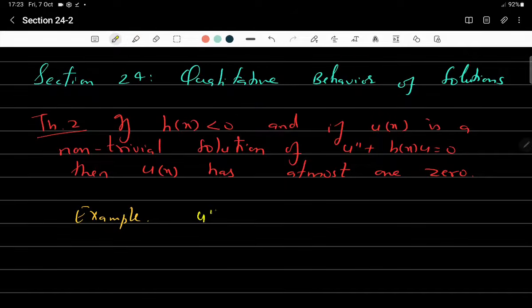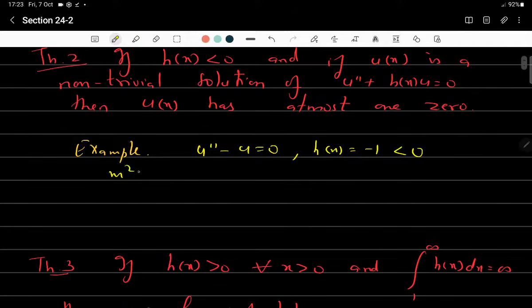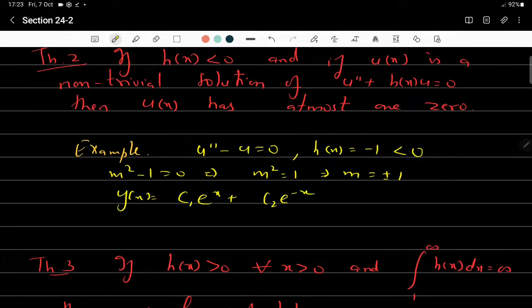So if I consider u double dash minus u is equal to 0, here h of x is minus 1, which is less than 0. Now what are the solutions of this one? m square minus 1 is equal to 0, that gives m square is equal to 1, or m is equal to plus minus 1, which means y of x is c1 e raised to the power x plus c2 e raised to the power minus x.